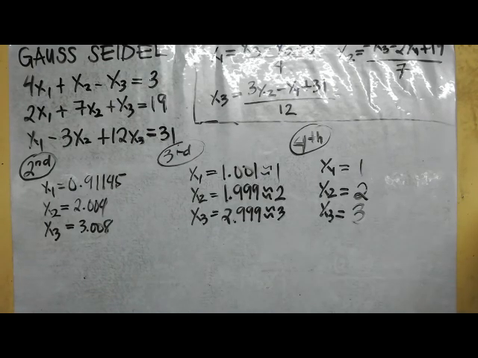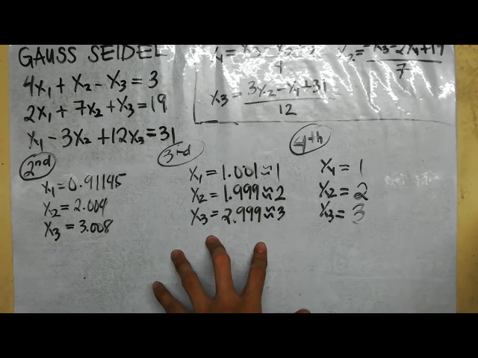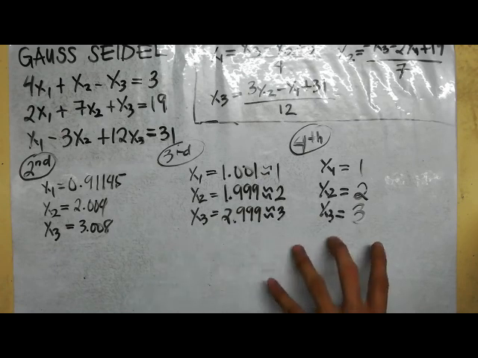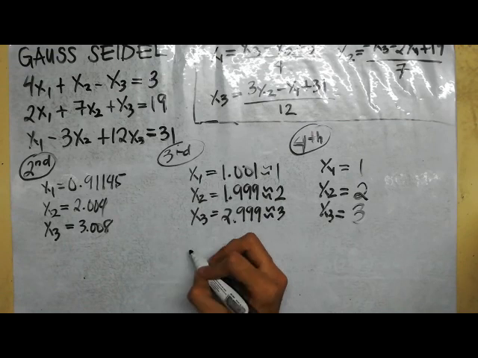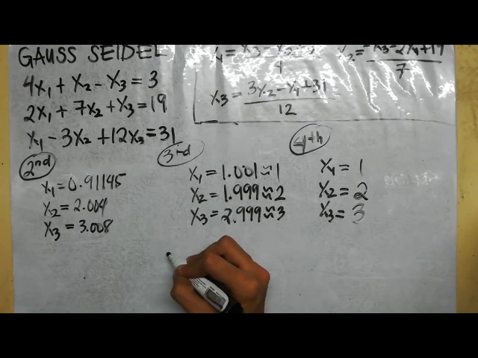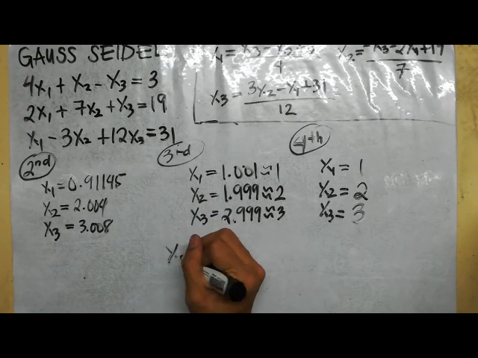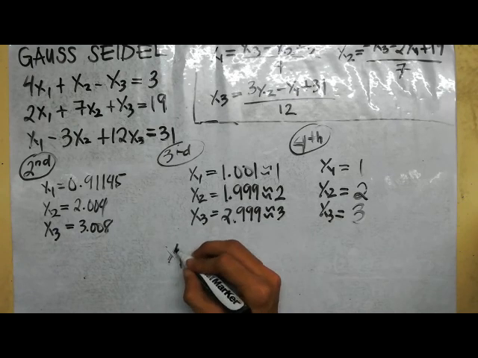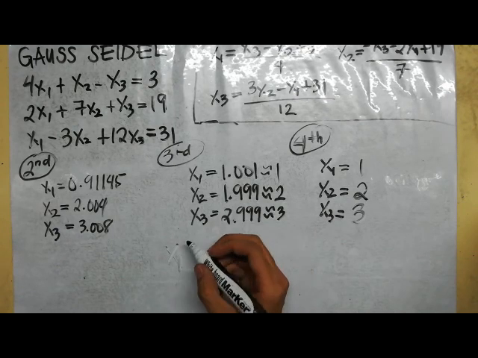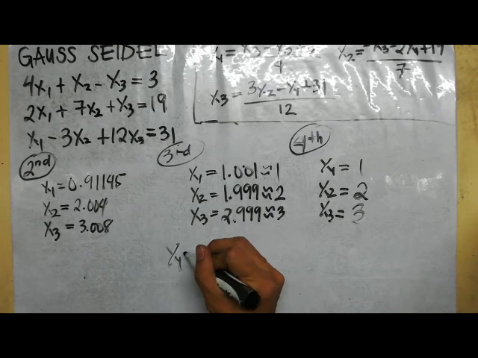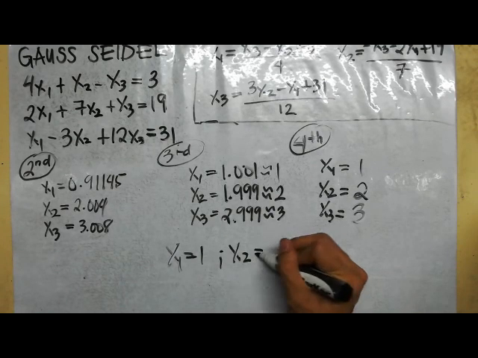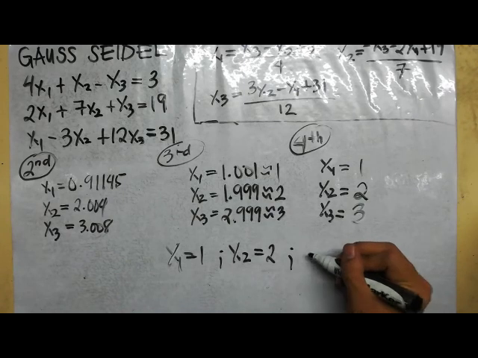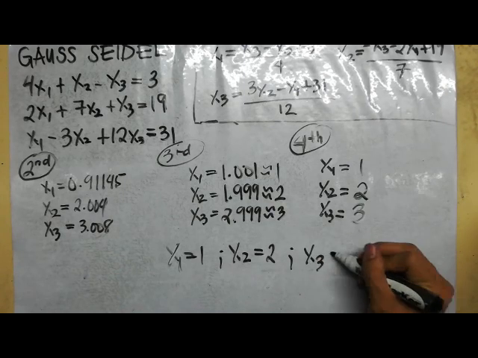Since our values in our third iteration and our fourth iteration are equal, we can assume that our x sub 1 equals 1, x sub 2 equals 2, and our x sub 3 equals 3.